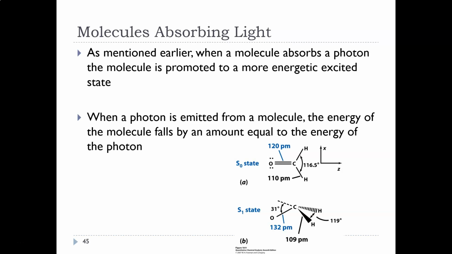We need to know that because when a molecule absorbs a photon, a piece of light, depending on the type of light, it gets promoted to an excited state. So the ground state is what the molecule looks like when it's at its lowest energy capabilities. Once it absorbs a photon, it goes to a higher energy. So it's an excited state.